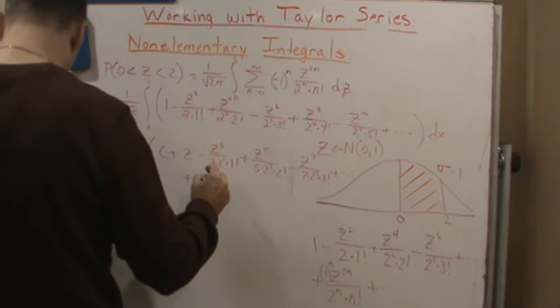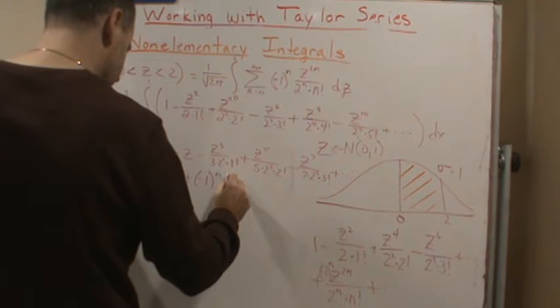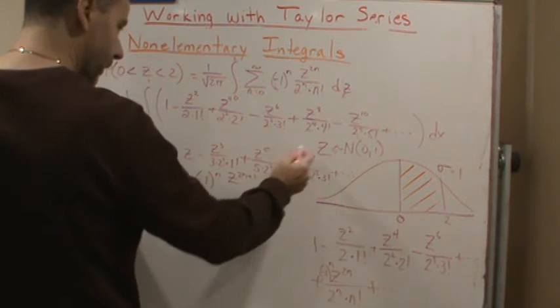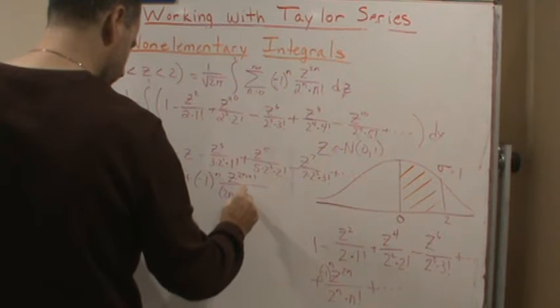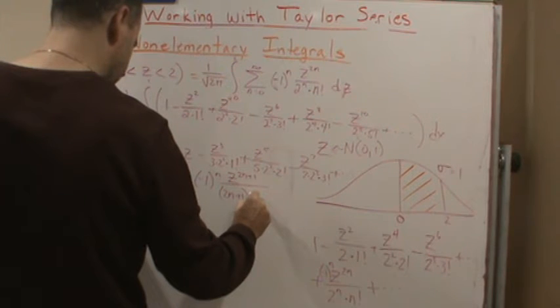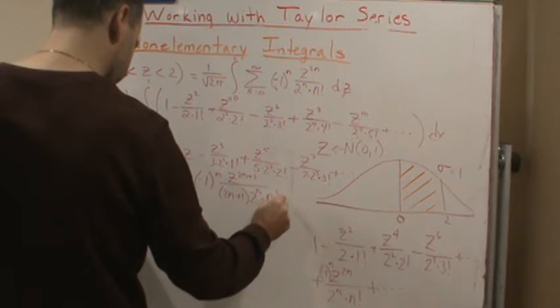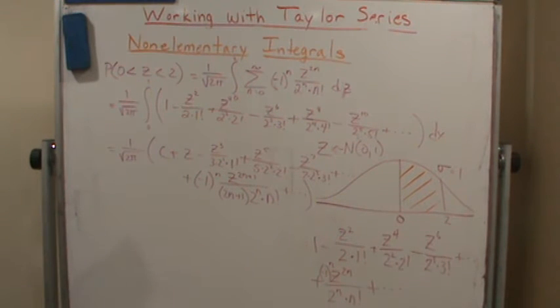It's going to be negative 1 to the nth, and then z to the 2n plus 1, so basically integrating the nth term, divided by 2n plus 1, and then divided by 2 to the nth times n factorial, and then it continues on. Okay, so now what?